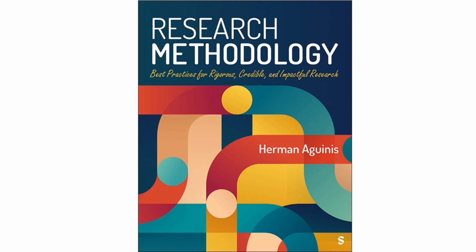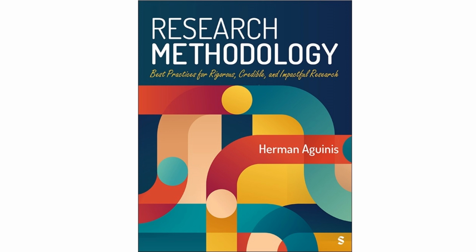Exactly. And this ties into another critical point the chapter raises, the importance of theory-driven mediation analysis. Sometimes researchers will throw in a direct effect in their statistical models, even when their underlying theory suggests full mediation. So if the theory predicts that the direct path should disappear when we account for the mediator, our statistical model should reflect that. Precisely. It's about aligning our statistical analysis with the theoretical story we're trying to tell.